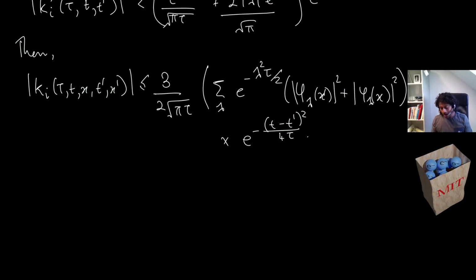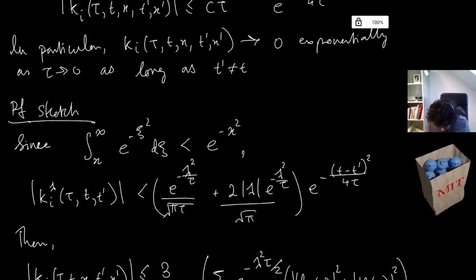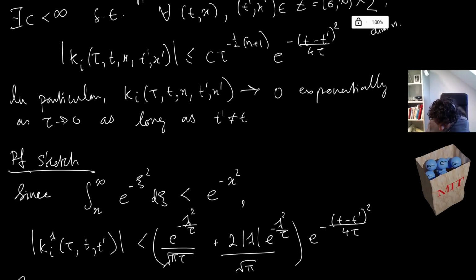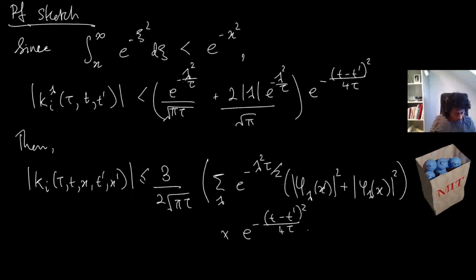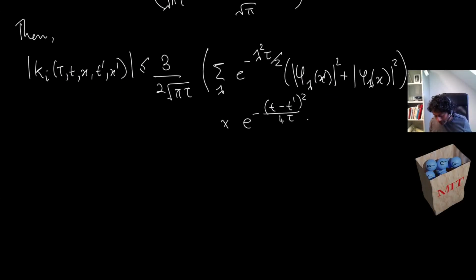Okay, so now the main thing is you can see that we need to bound this internal part by some sort of nice, well, really tau to the negative 1/2, right? So what is this? Before we looked at the traces of heat kernels.